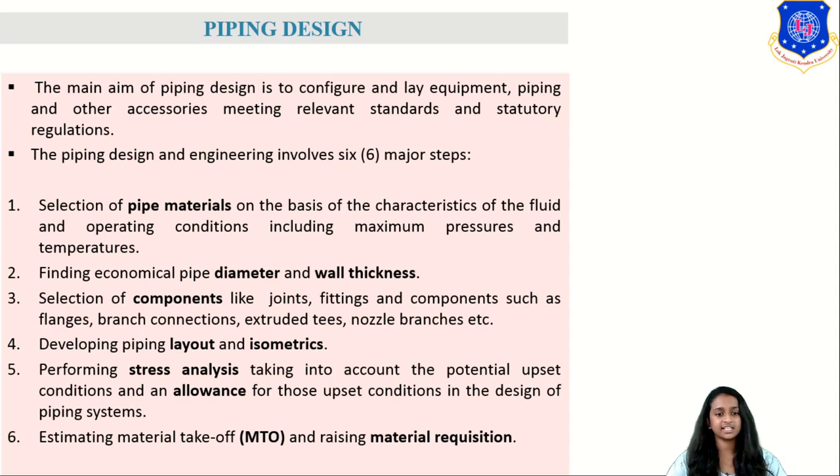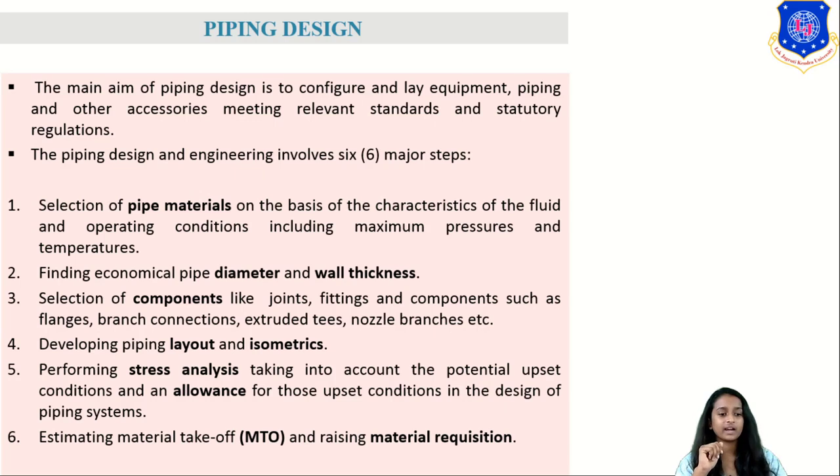These are the 6 major steps involved in piping design. First, we select the pipe material on the basis of the properties of the fluid and the operating temperature and pressure. In the second step, we find the economical diameter and wall thickness. In the third step, we select piping components like bolts, joints, flanges, fittings, etc. In the fourth step, we develop the piping layout and isometrics.